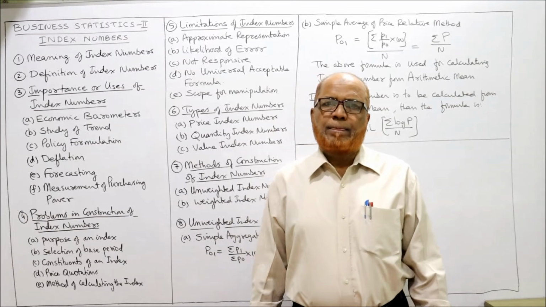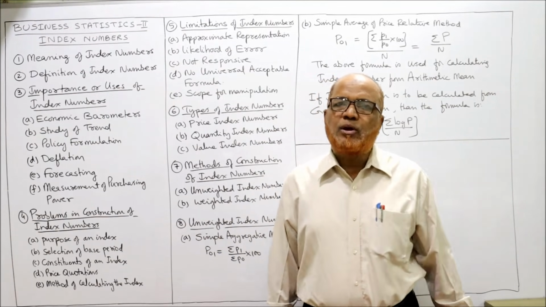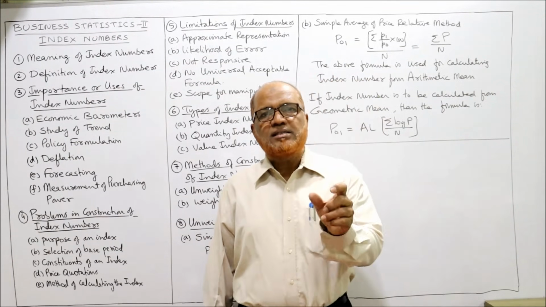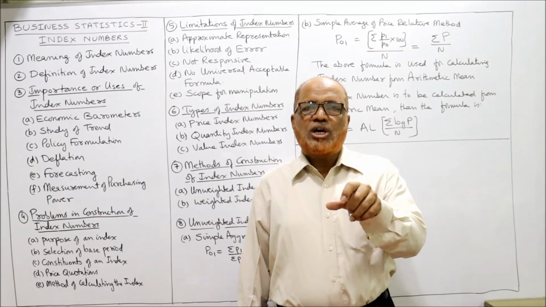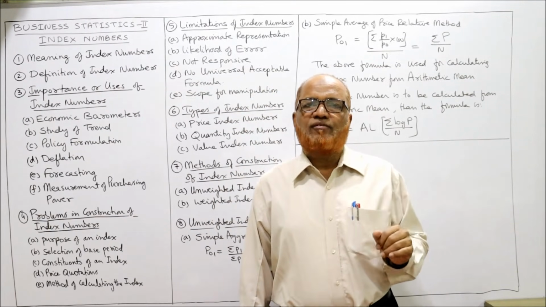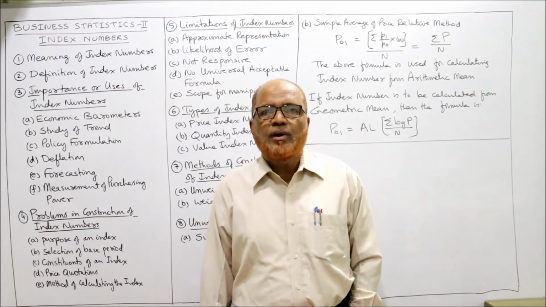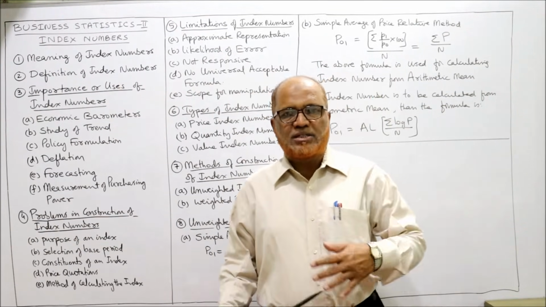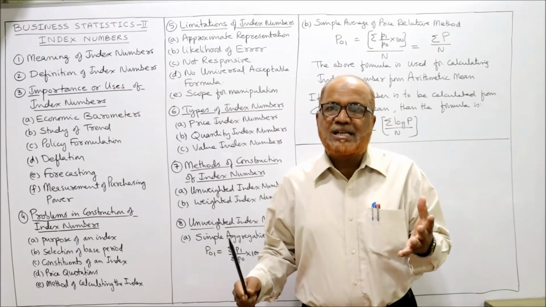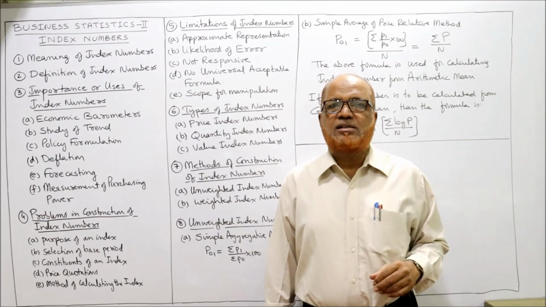Apart from that, the wholesale price index, WPI, shows the changes in the general price level from one period of time to another, so that we can say what the growth rate is and what economic development is taking place, whether the price level is increasing or decreasing.